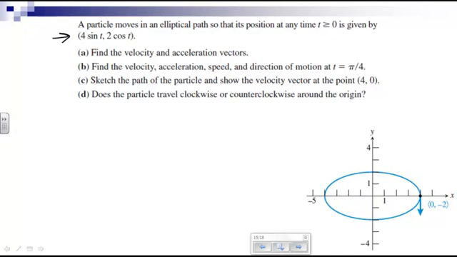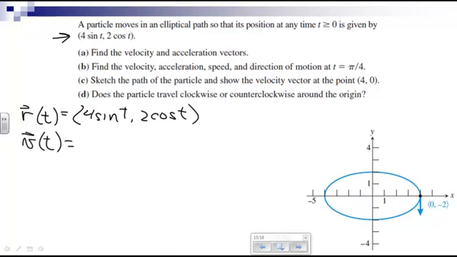Okay, let's go ahead. So we declare that the position vector is the vector 4 sine of t, 2 cosine of t. What is the velocity vector going to be? Well, the derivative of 4 sine t is 4 cosine t.